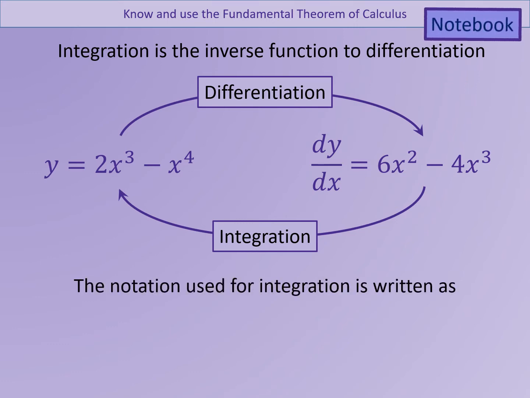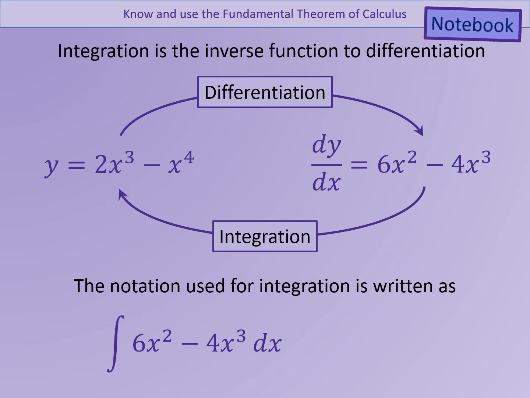And similarly, with differentiation, there is specific notation used for differentiation. The same can be said for integration as well. And this is the notation that we would use. So this sort of elongated S shape is the integration sign. What we would be saying here is that I'm going to integrate 6x squared minus 4x cubed with respect to x.